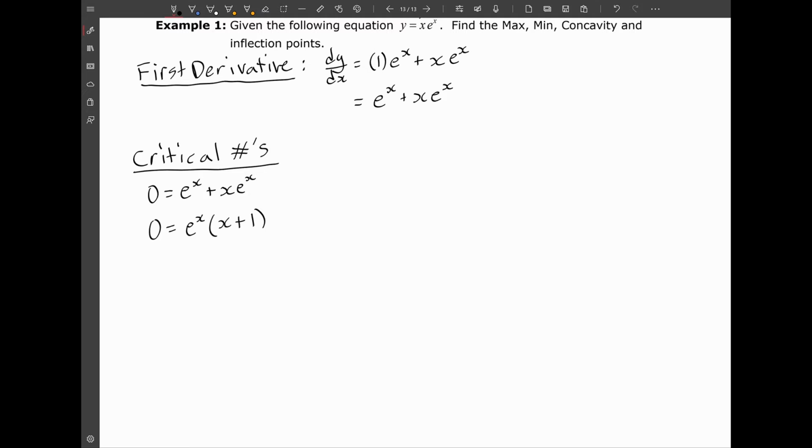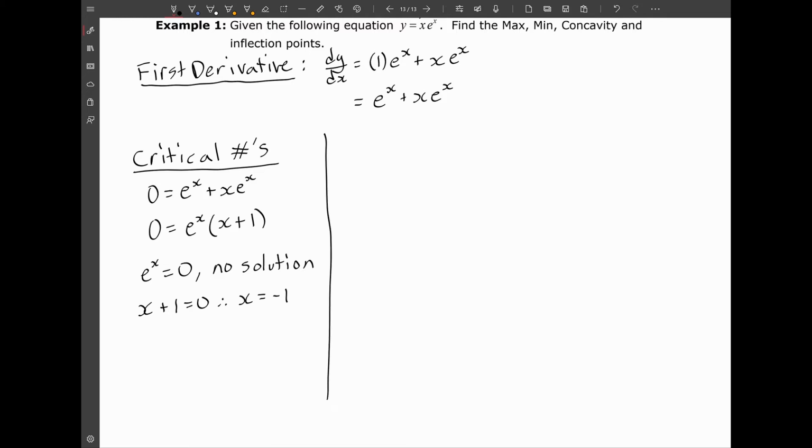So we've got two possibilities. Either e to the x equals 0, which is impossible. E to the x is never equal to 0, because even if we put e to the 0, that's 1. So this one has no solution. So no critical numbers from there. Or we have x plus 1 equals 0, which we do know has a solution, x being equal to -1.